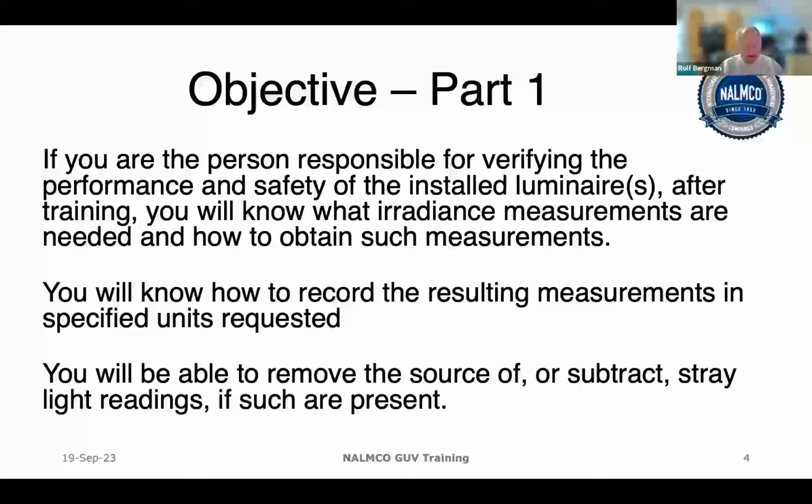There may be a request for a given set of units from the design, and you can provide those units as requested. Otherwise, you can use the units of the readout device. Also, you will know how to take care of stray light, so your measurements will be accurate and only include the UVC part of the data.